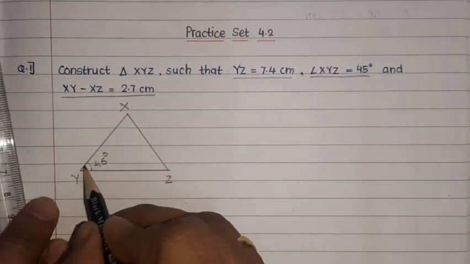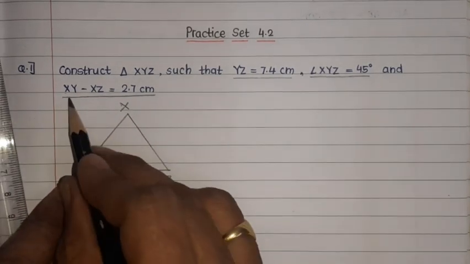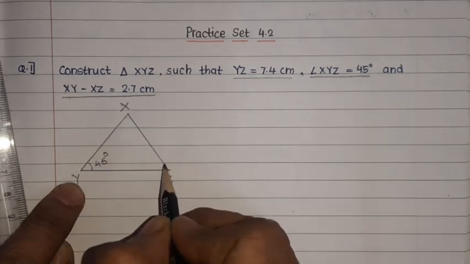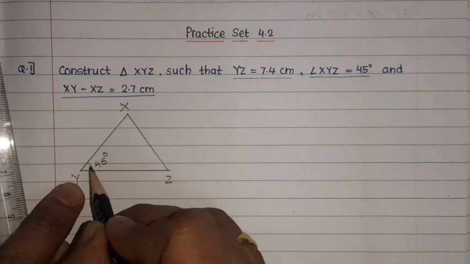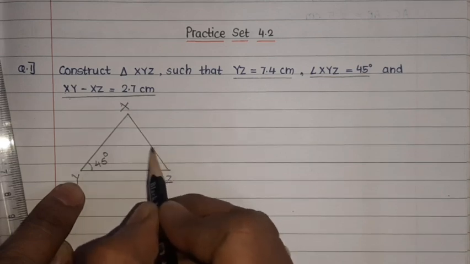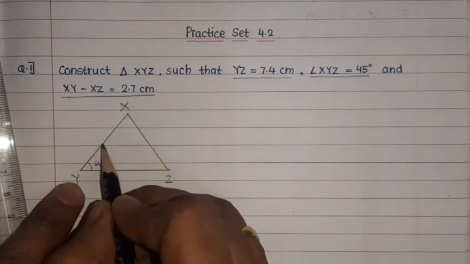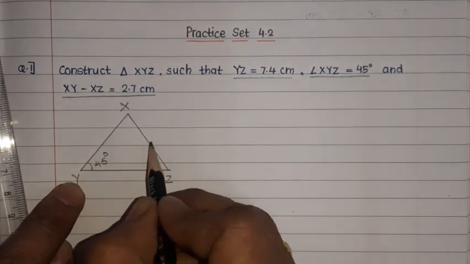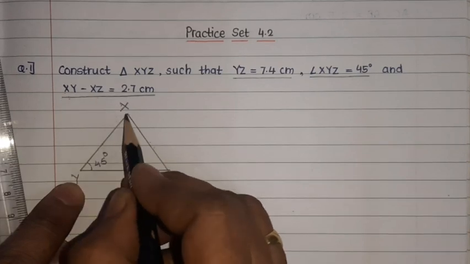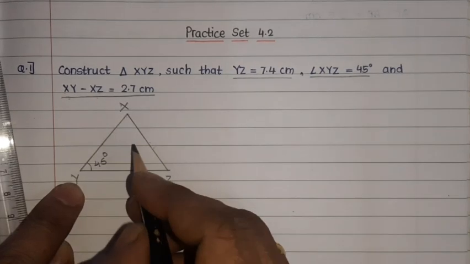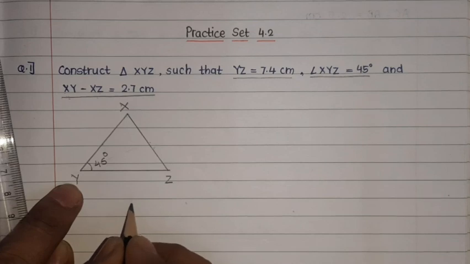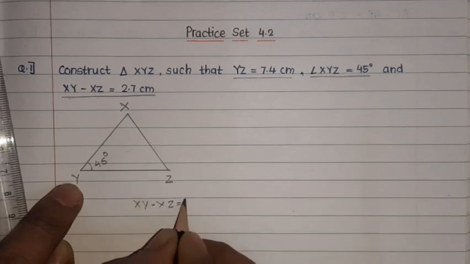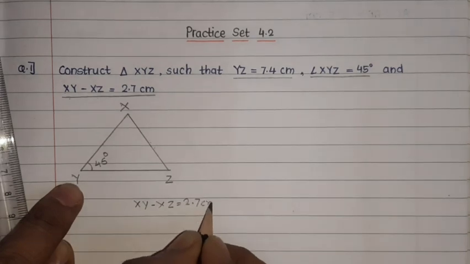The relation between these two is given as XY minus XZ, that means the side opposite to the given angle is smaller than this XY. Got it? See dear student, the side opposite to the given angle is smaller than that of the other side. Therefore dear student, this is the analytical figure. We can write here XY minus XZ is equal to 2.7 centimeter.